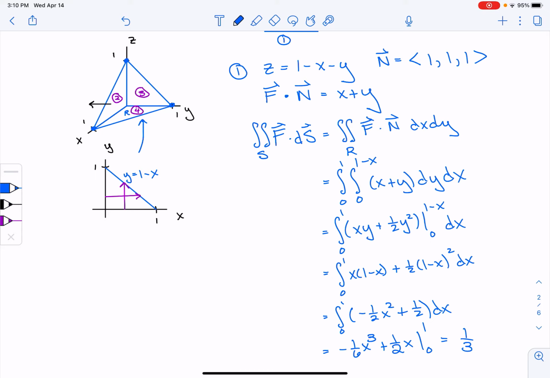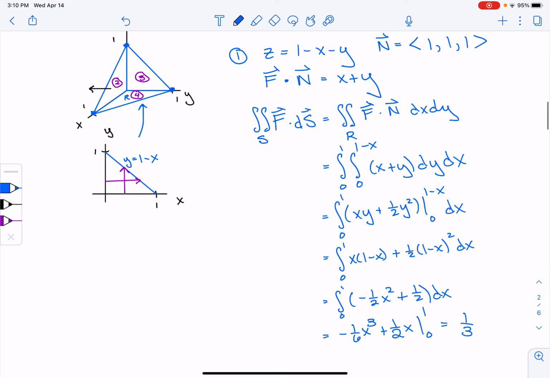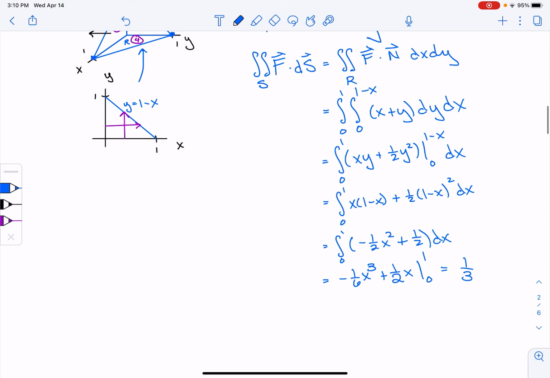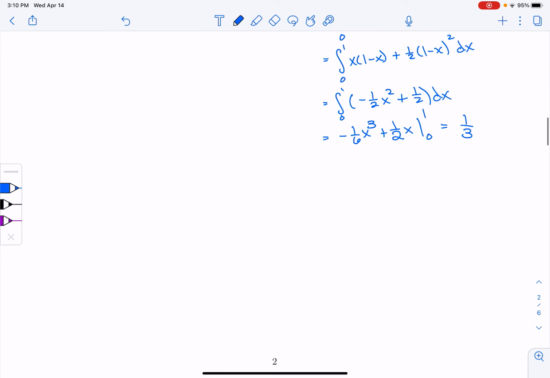So when I look at the flux through that second surface, my normal vector is going to equal -1, 0, 0, because it's that vector pointing to the left.